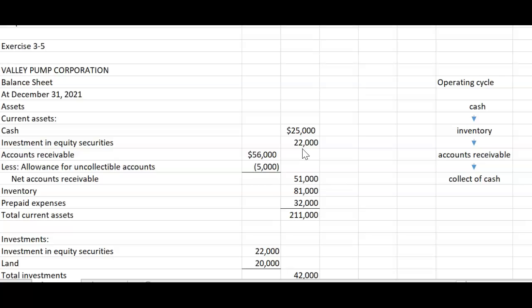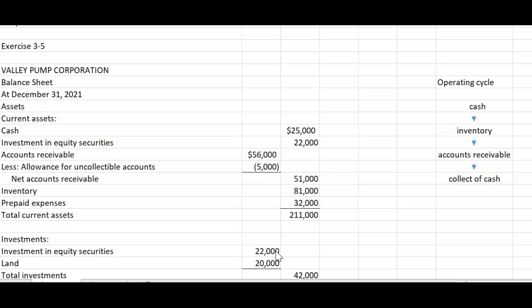But in the additional information, they did tell us that half was going to be sold within a year. So we took the 44 times 50%, half of it, 22,000 would be a current asset, and the investment in equity securities for the remaining 22,000 would be investment, a long-term asset.